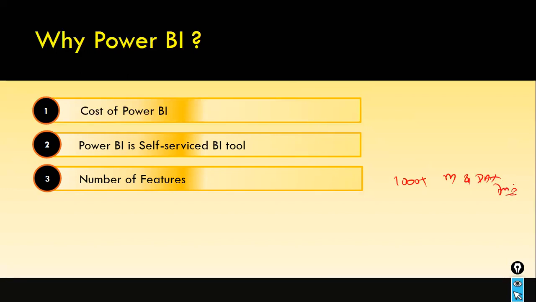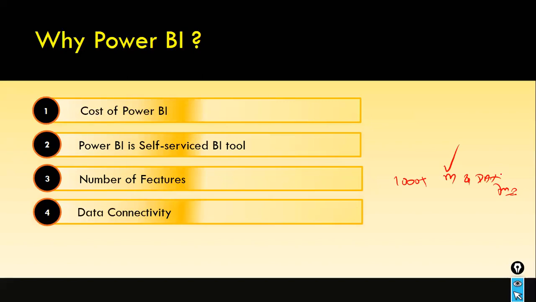M is also called the mashup language. With this, you can perform advanced analytics. These are all built-in functions. If you just pass the arguments, it does the magic for you.